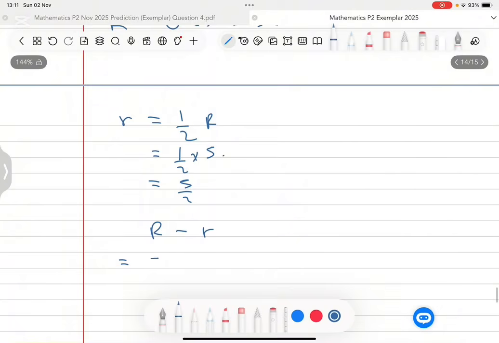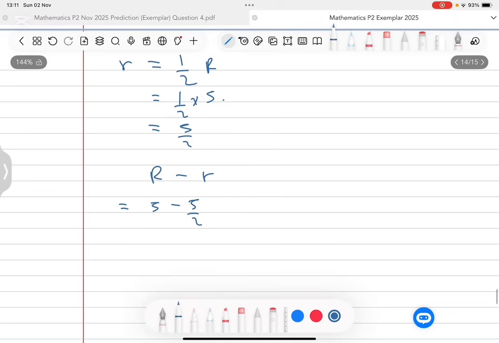We know that here we have a 5 minus the small circle, which is 5 over 2. This is a really simple fraction, it's going to give you 5 over 2, because 5 over 2 is half of 5. So if I take away from 5 half of 5, I should get half of 5.